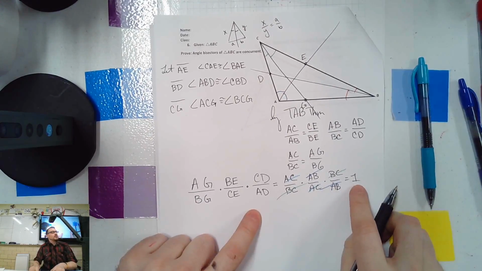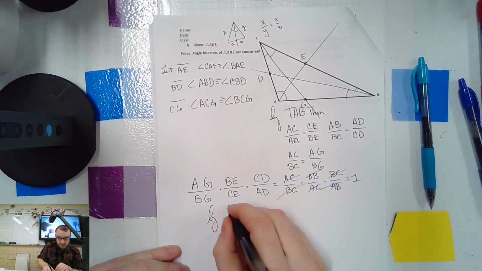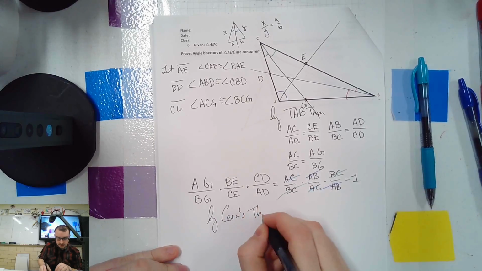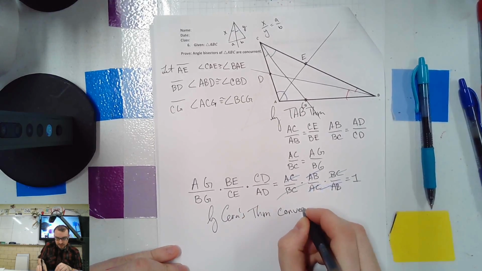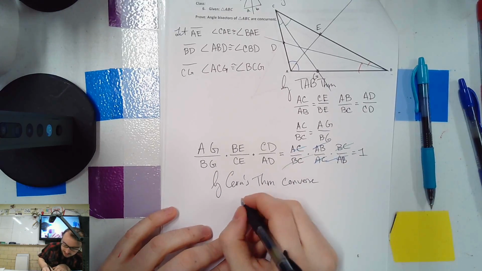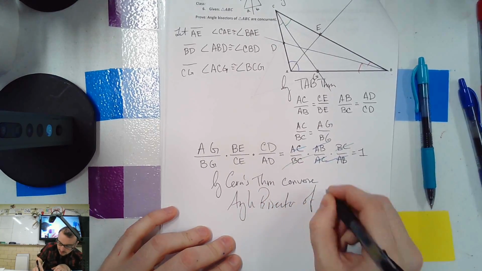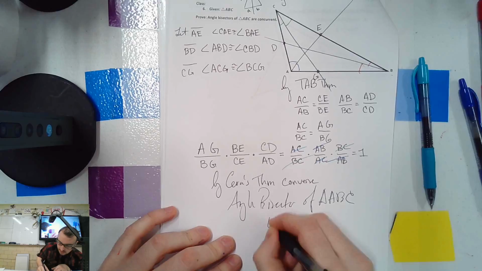So if they equal 1, they must be concurrent. What theorem is that? Converse, right? Ceva's Theorem says if they're concurrent, then you get 1, right? The converse says if they're 1, you get concurrent. By Ceva's Theorem converse, the angle bisectors of triangle ABC are concurrent.